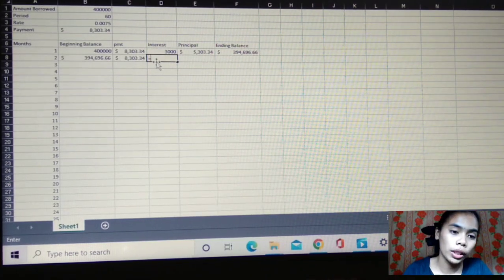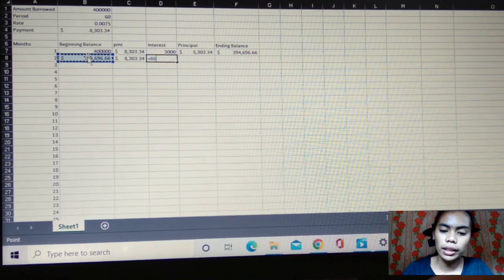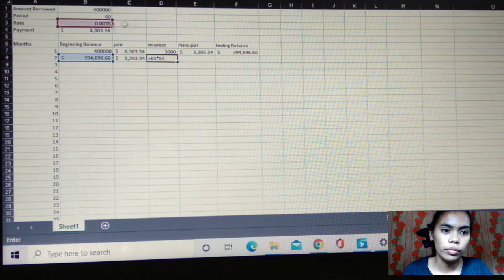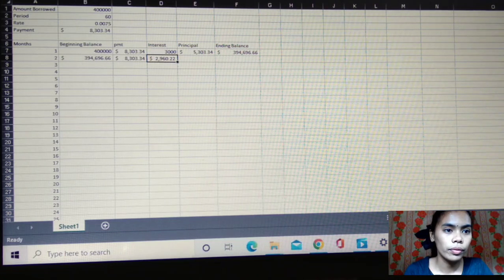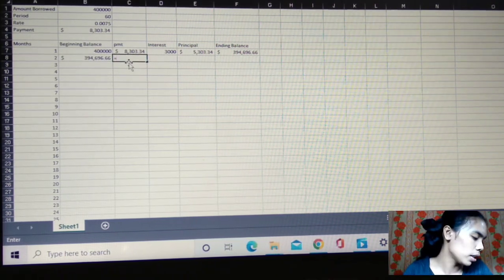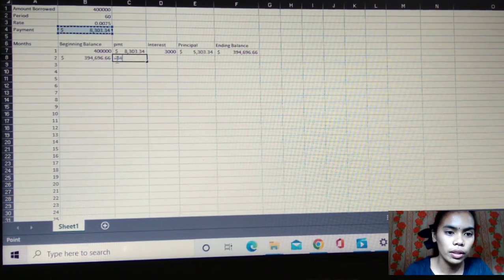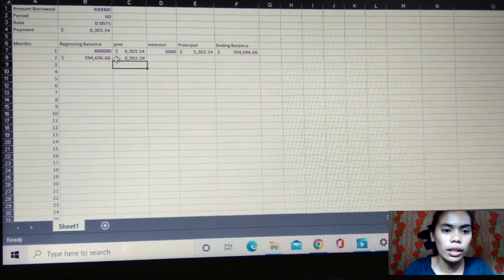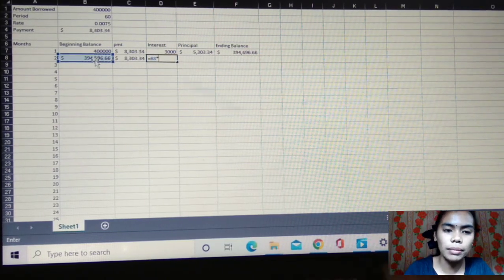So put an equal sign, the beginning balance times the rate, with a dollar sign. So the PMT is the payment, and then the interest is beginning balance times the rate.